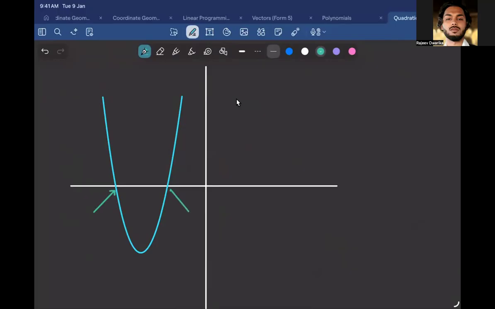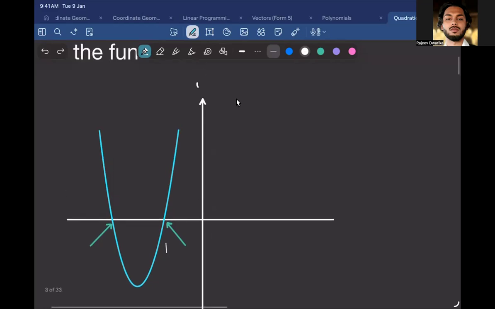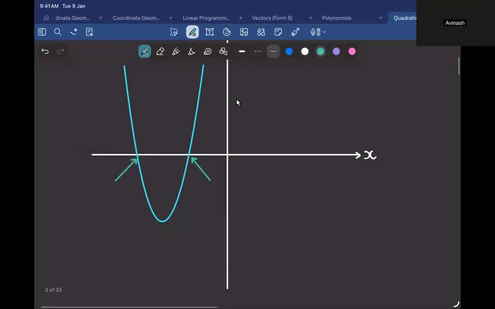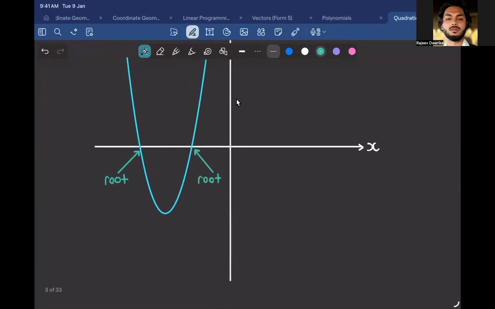This is the y-axis, and this is the x-axis. So this is a root, and this is a root. Another word for x-intercept is root, because sometimes they wouldn't ask you for the x-intercept; they will ask you for the root, right?